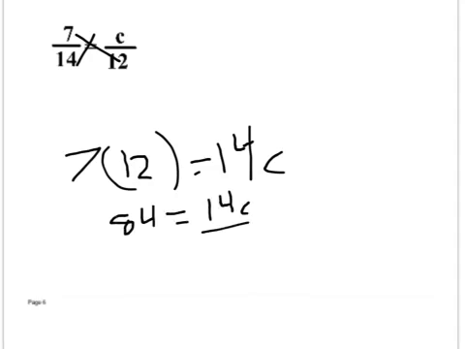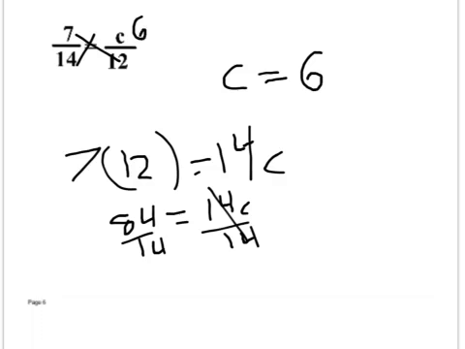I have 14 times c, so I divide by 14 to find out what c is. 84 divided by 14. c has to be 6. Well, are these proportional? 6 over 12, is that proportional to 7 over 14? Yeah, it is, because they both reduce down to 1/2.